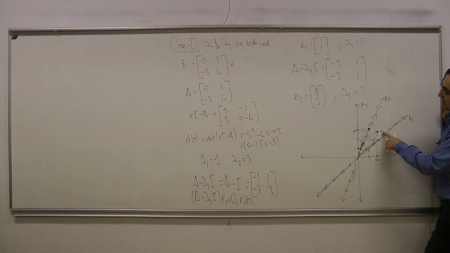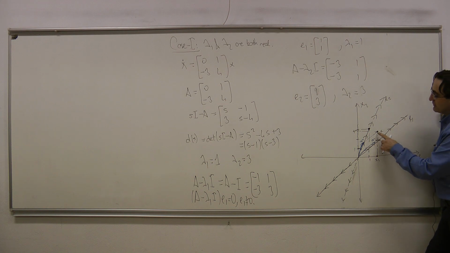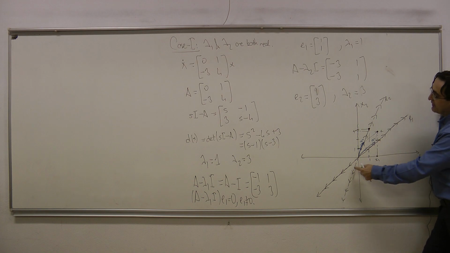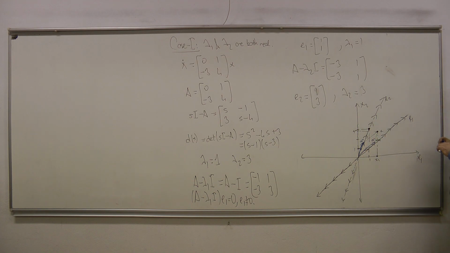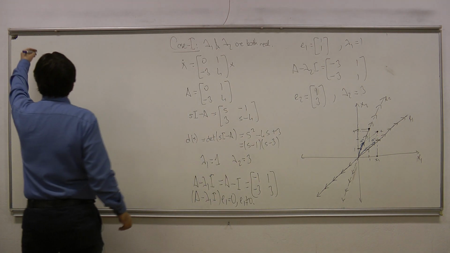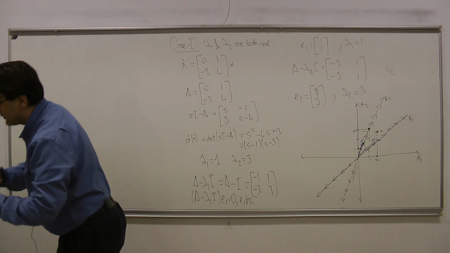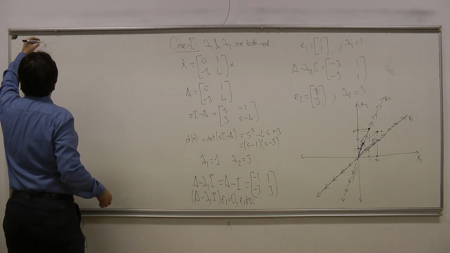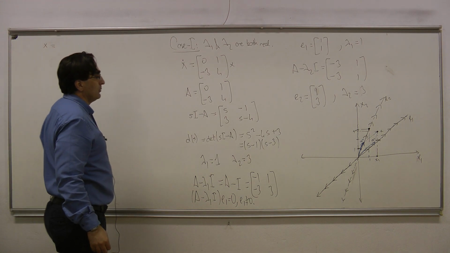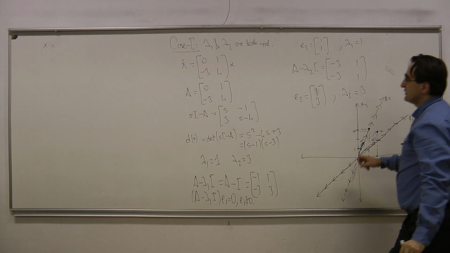Instead of examining a state vector x in terms of its x1 and x2 components, I'm going to instead examine the same state x in terms of its z1 and z2 components. Okay? How would we do this? So what I would like to do is to write any state x in terms of two components, z1 and z2.